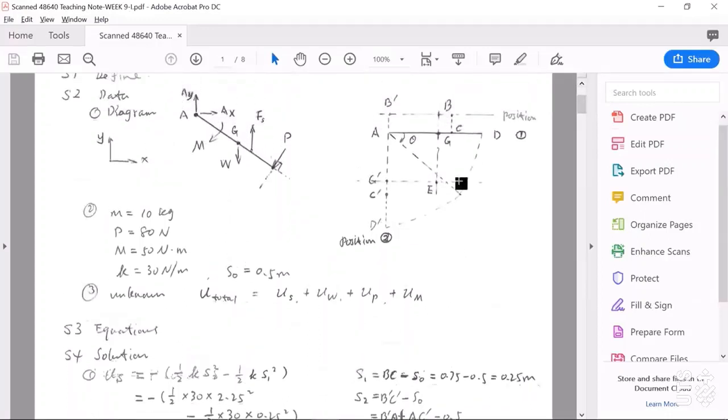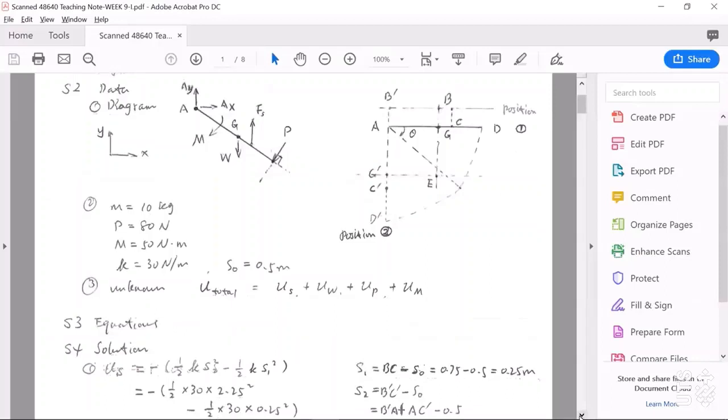Okay, Y2 is equal to the distance from A to G prime. This should be half of the length of the bar, so it's 1.5 meter.